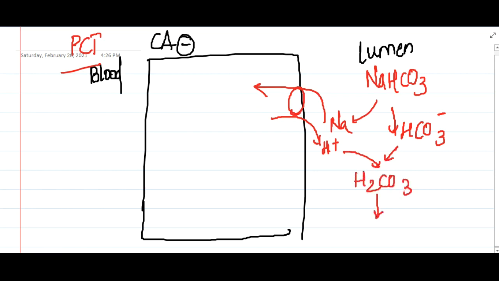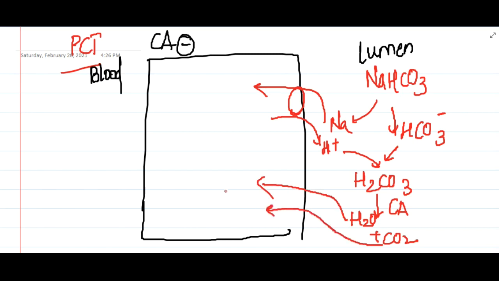Now this H2CO3, in the presence of carbonic anhydrase, forms water and carbon dioxide. This water now enters the cell, and the carbon dioxide also enters the cell. Once the water and carbon dioxide enter the cell, both of these, in the presence of carbonic anhydrase, form H2CO3.